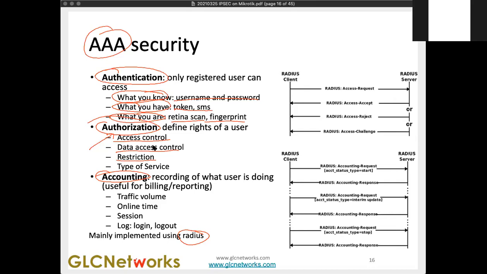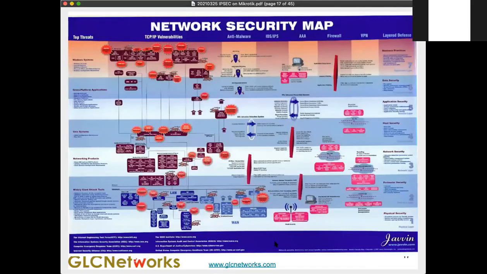After you log in is authentication, and your rights are the authorizations. Next is accounting, which records what you are doing during your activities, like traffic volume, online time, and others. That was the AAA model.